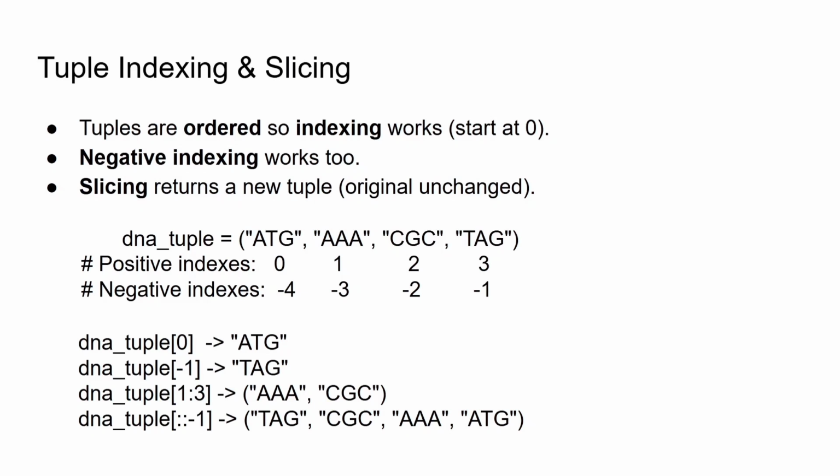For example, DNA_tuple[::-1] gives the tuple in reverse order: TAG, CGC, AAA, and ATG. The double colon means we take all elements, and the -1 tells Python to go backwards. In short, indexing lets us access individual elements, negative indexing counts from the end, and slicing lets us extract multiple elements or even reverse the tuple, all without changing the original tuple.